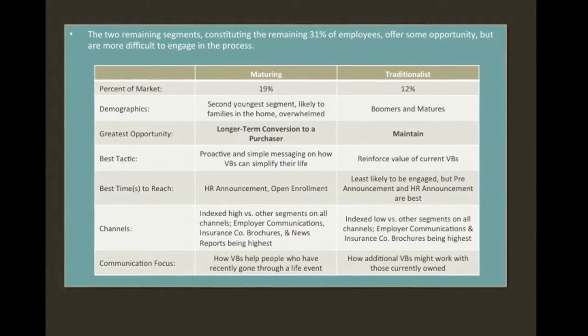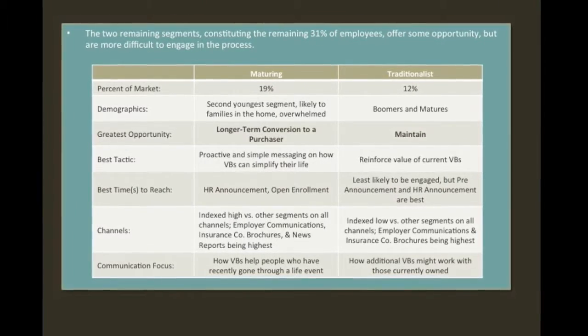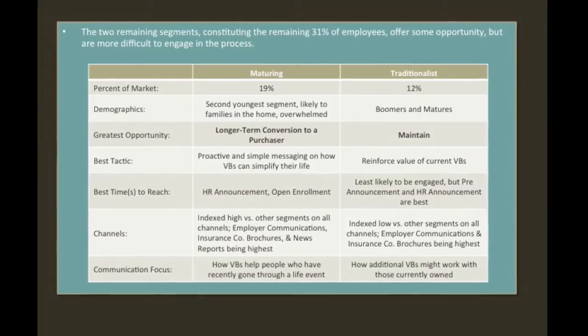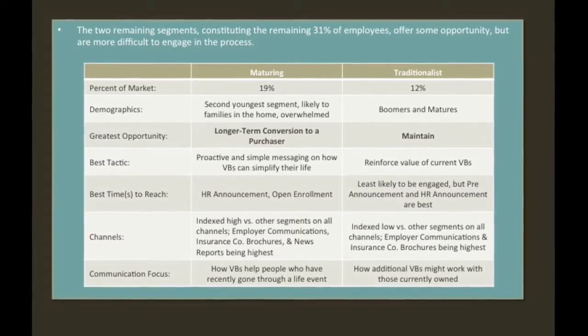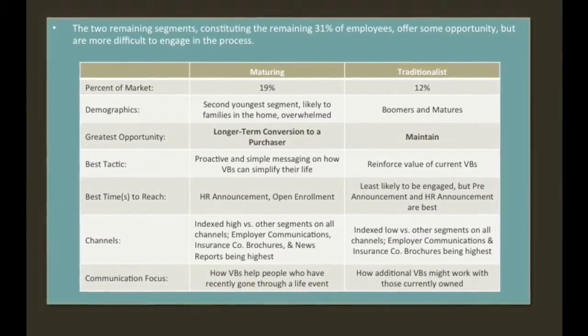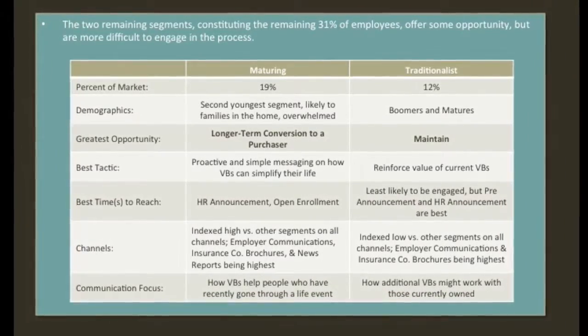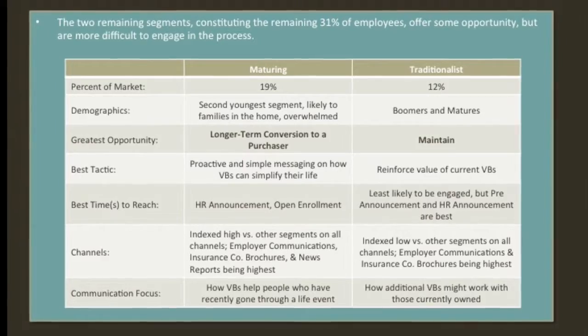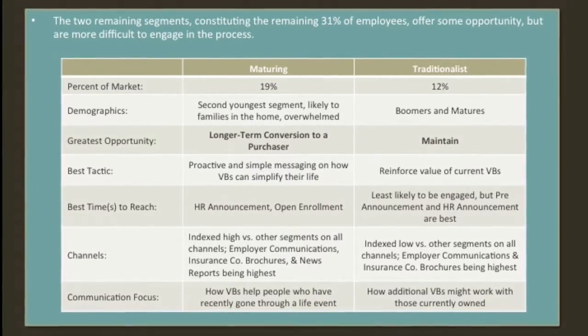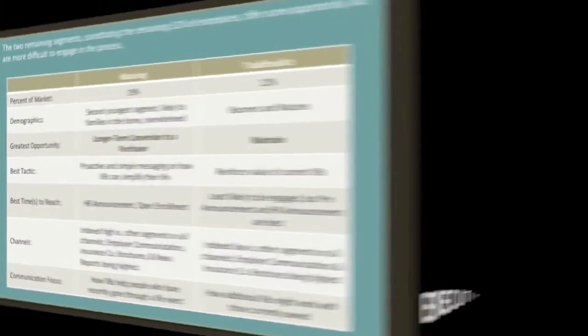And the last 2 remaining segments offer some opportunity but are more difficult to engage in the process: the maturing and the traditionalists. The maturing because they're intimidated by all the information, and the traditionalists because they really don't pay any attention to what information is given to them.